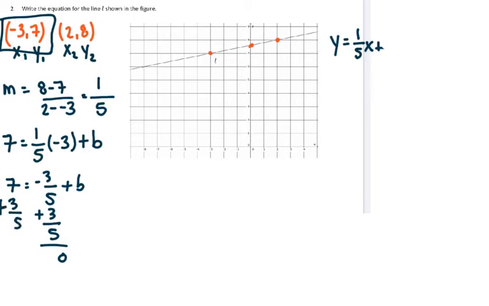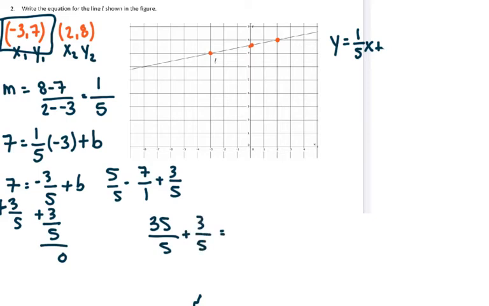So I've got 7 over 1 plus 3 over 5. I'm going to multiply the top and bottom of my fraction by 5 over 5. So I'm left with 35 over 5 plus 3 over 5. So I've got 38 over 5 as my y-intercept. So that equals b. I can't simplify that. I could turn it into a mixed number, but I'm not going to.